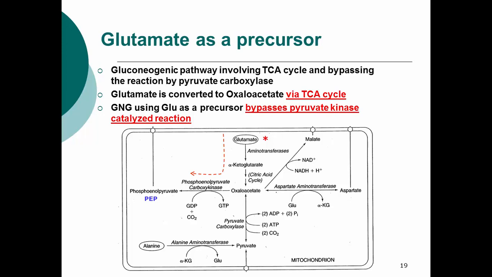I think last time we stopped here: glutamate, an amino acid, can be used as a precursor for gluconeogenesis, but the pathway only involves 3 key reactions: 1 reaction in the cytosol, 1 key reaction in the mitochondria, and other 2 reactions in the cytosol.